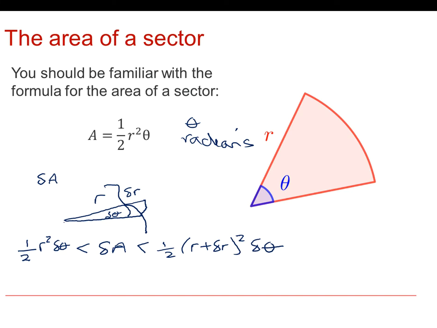If we were to sum those in the limit of both delta theta tending to 0 and delta r tending to 0, then we would in effect integrate. A more formal proof can be found in your textbook or online.